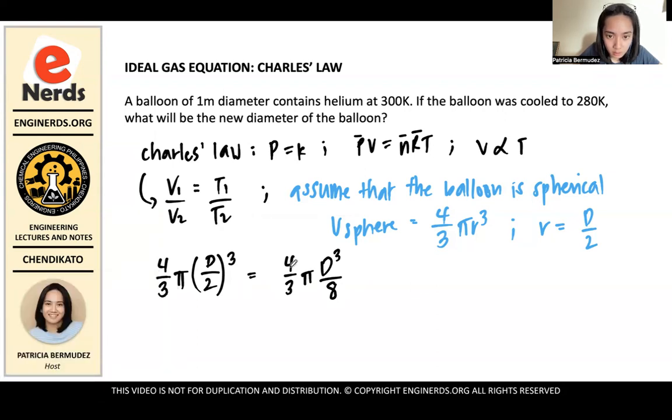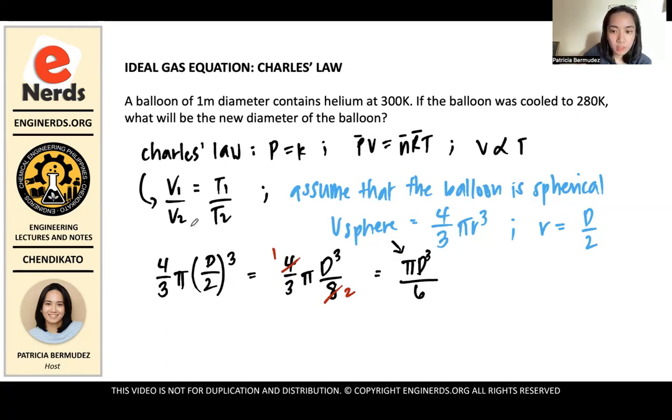Kasi 4 divided by 4 is 1, and 8 divided by 4 is 2. So we can simplify that as pi d cubed over 3 times 2 is 6. Yan yung volume ng sphere natin in terms of diameter.